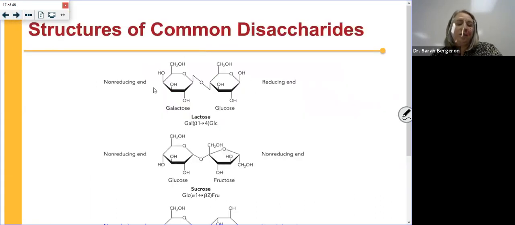All right, so this is lactose. Lactose, we said, was galactose and glucose, in a beta 1,4 glycosidic bond. Where are my two anomeric carbons? A carbon connected to two oxygens. So I'm going to put a dot right there.